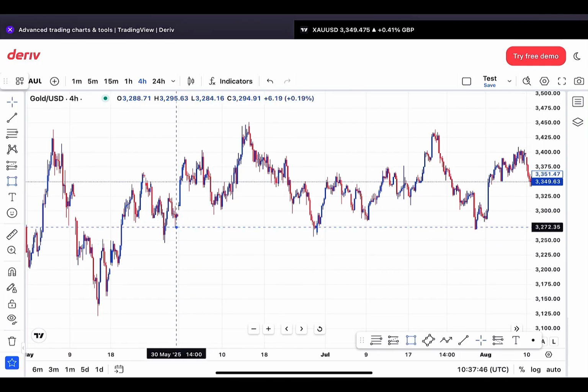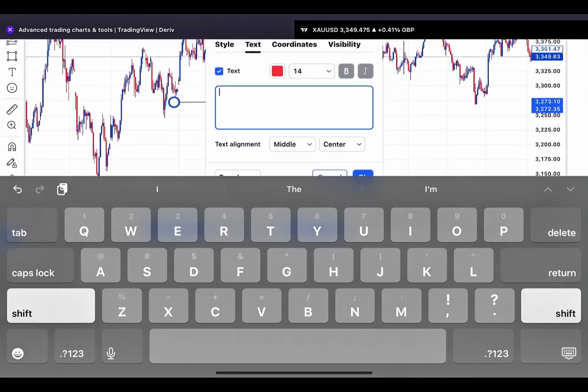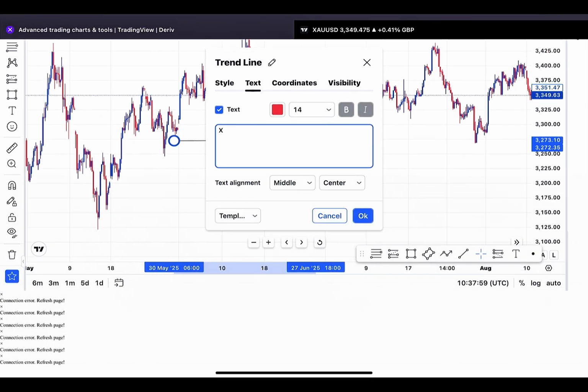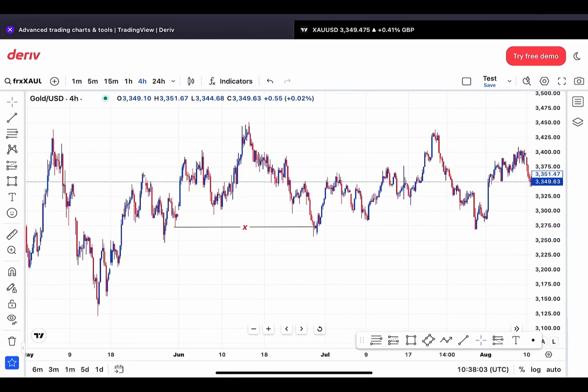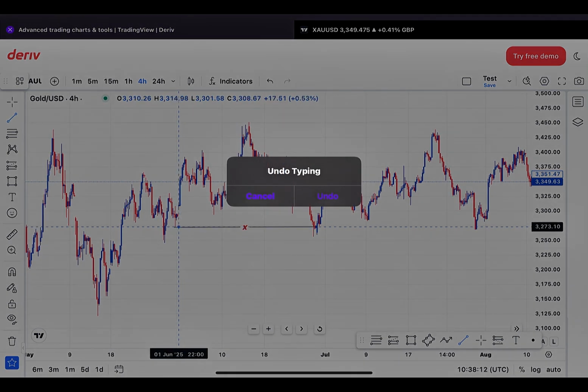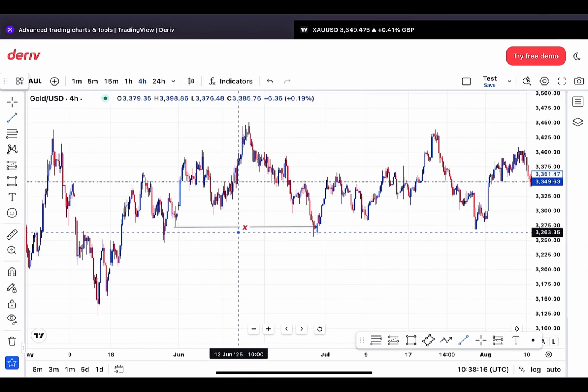So I can map up my structure like this. Sorry, my trend line, as I always do. Map my X. This S signifies liquidity. So as I always say, whenever the market takes out this demand that's supposed to hold the trade, don't forget it.